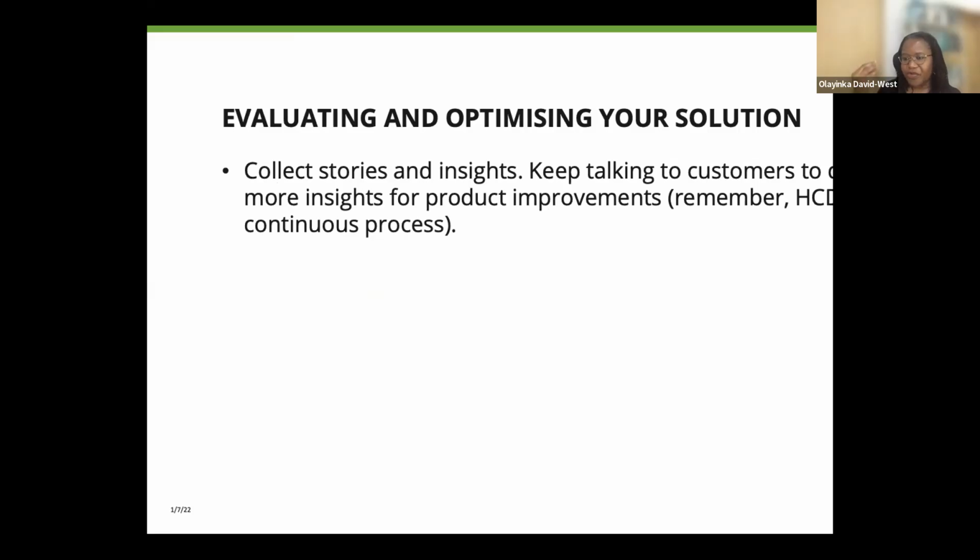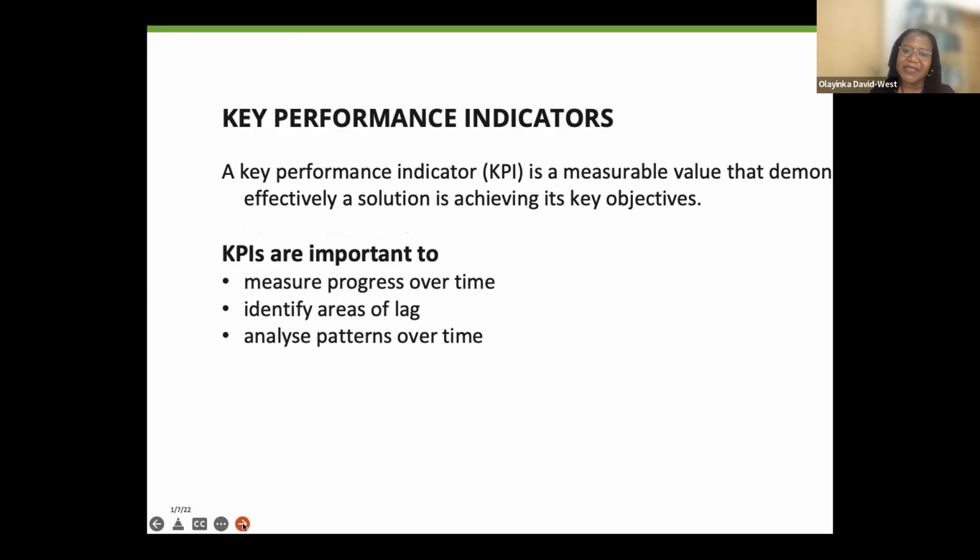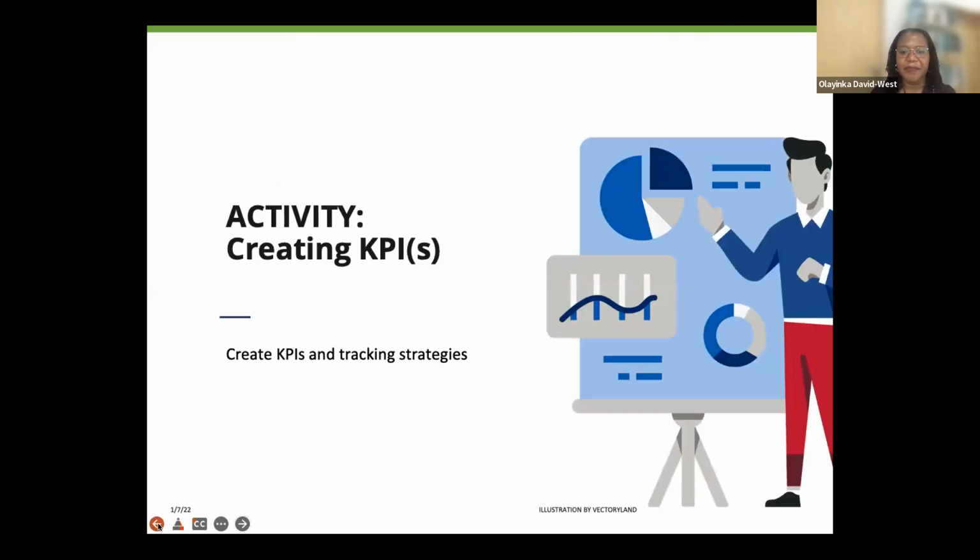And as we continue to get this feedback, either formally or informally, we need to have notes and jot them down somewhere. And again, look at product improvements when we're going through the product improvement cycle. Another way to do this is by having what we call key performance indicators, right?